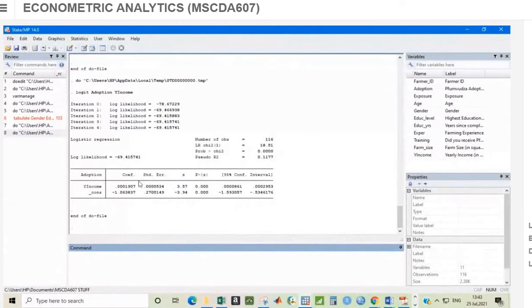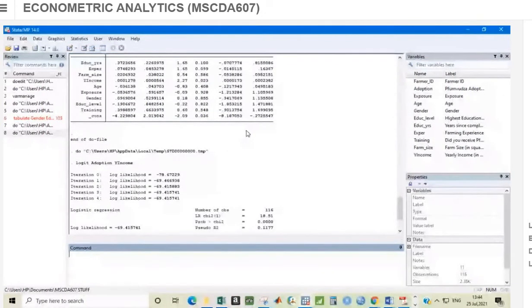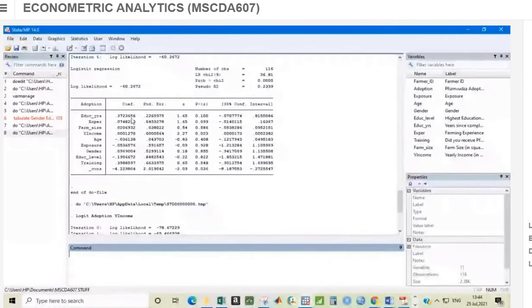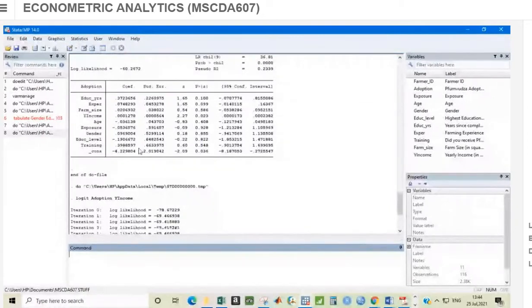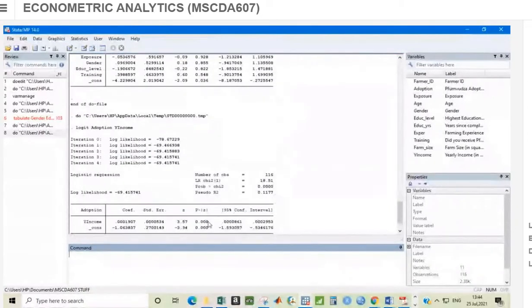So these two, yearly income is explaining about 11.77% of the variability in adoption, but alone. So of the 23 here, which was being explained by 9 variables, 11.77% is being explained by yearly income alone.